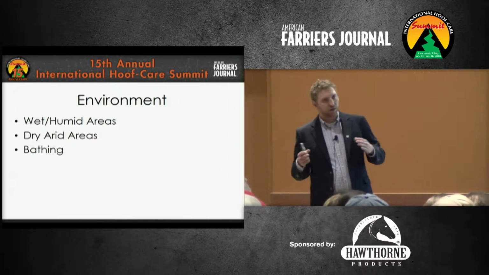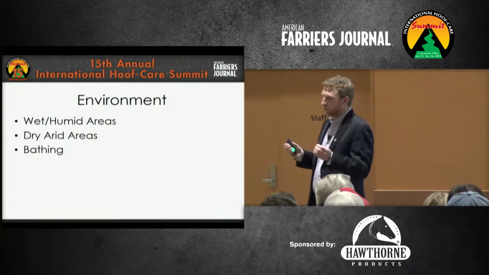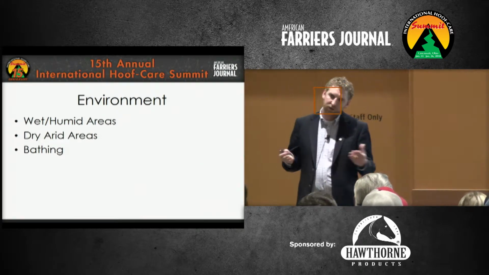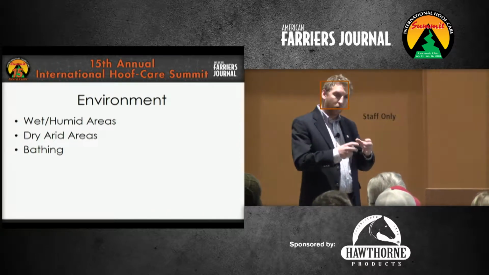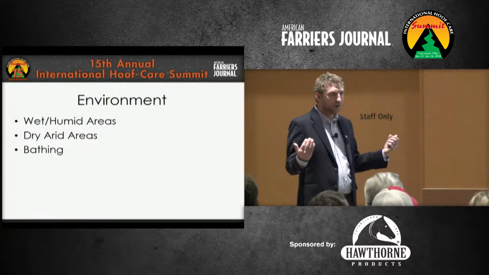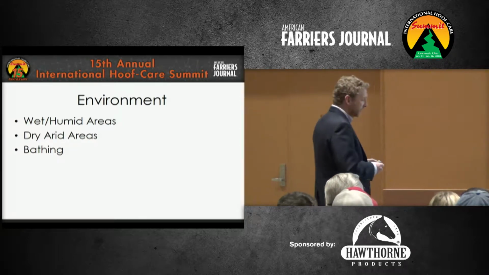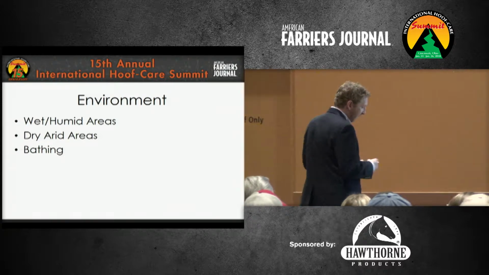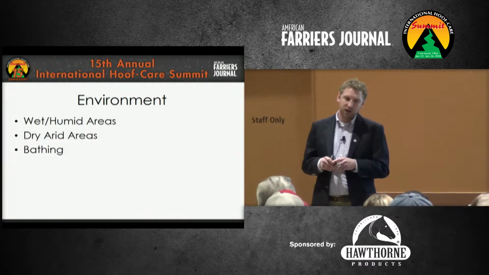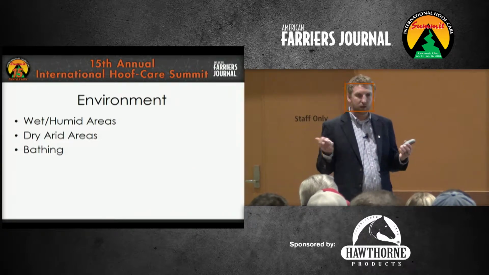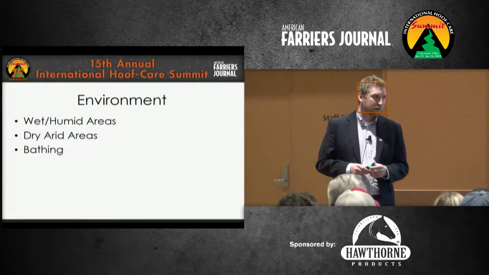The way these opportunistic microbes invade would be that cyclical phenomenon of going from wet to dry, wet to dry, or just being wet all the time. It opens up the hoof wall, it will swell, and it allows these microbes to invade. In dry, arid areas, it's thought that really dry, hard ground and rocks cause little lesions in the bottom of the hoof, and then these microbes are allowed to invade.